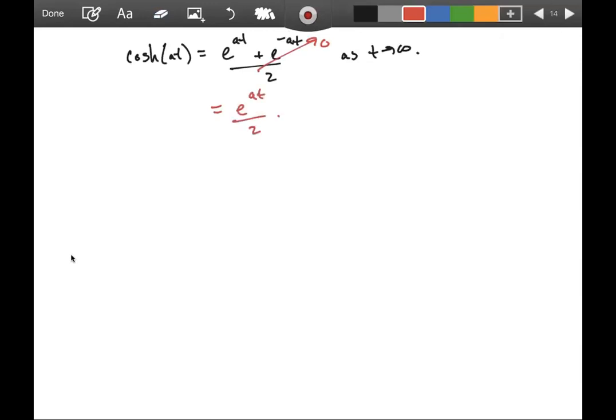If I ignore that 2 for now, notice that when I take the natural log of the hyperbolic cosine of at, in the limit that t goes off to infinity, this thing just becomes the natural log of e to the at, which is simply the same thing as a times t.